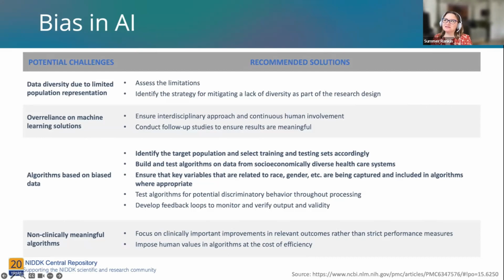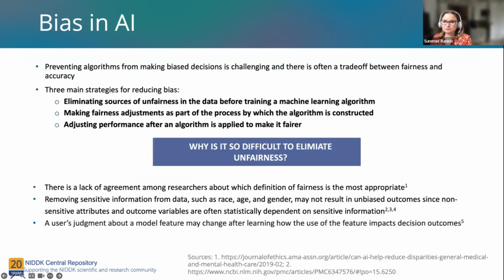Like my example of the white blood cell count is kind of a good one of something that's like, okay, and what, right? That's not super clinically meaningful. This is why domain expertise of either your own or working with a domain expert is really important in the research design and in mitigating the bias.